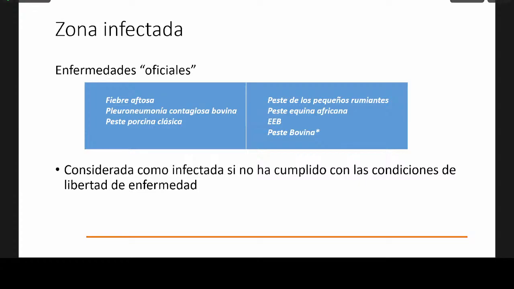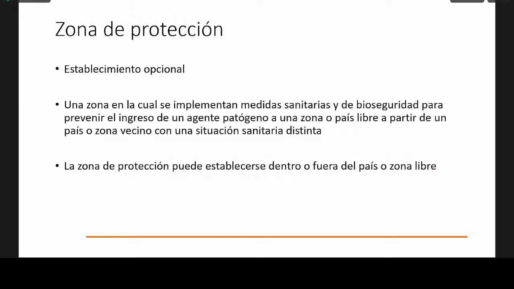For all these diseases, if a country does not meet all the conditions for a free zone, it's not going to be officially recognized by WOA, and it will be considered an infected country, and thus countries that trade with these countries need to apply the criteria for trade with an infected zone.